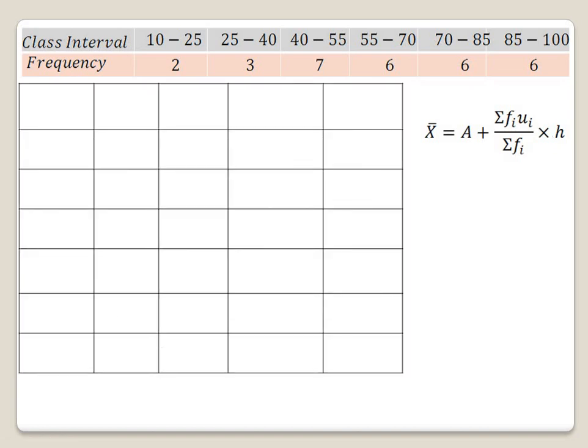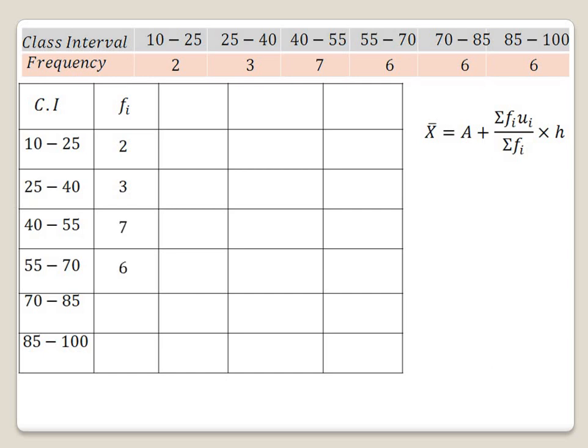Let us see. Here the class intervals are given, that is 10 to 25, 25 to 40, 40 to 55, 55 to 70, 70 to 85, and 85 to 100. These are the classes. Then the frequency is also given, denoted by fi, that is 2, 3, 7, 6, 6 and again 6.